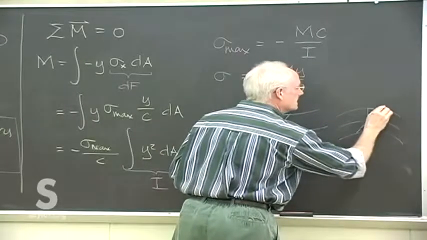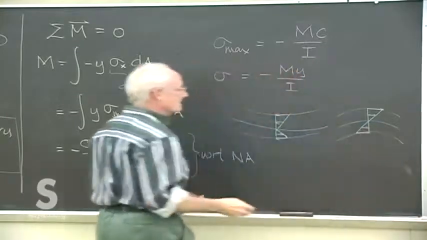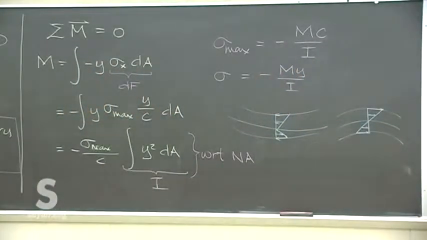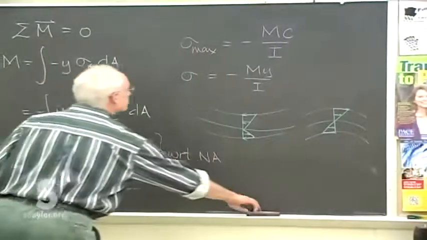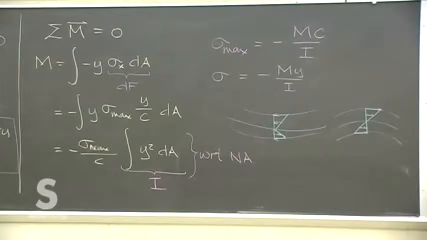With it being 0 at the neutral axis. Oops, two different ways to draw those very same things. Well, you get the idea. You can tell from observation what kind of stresses you've got, whether it's compression or tension.